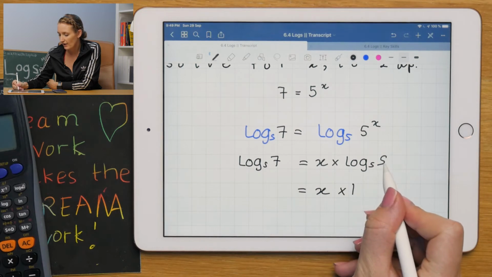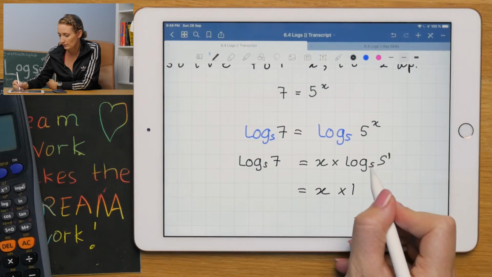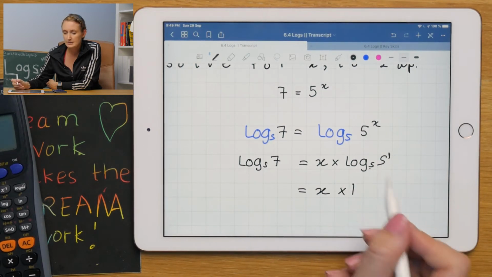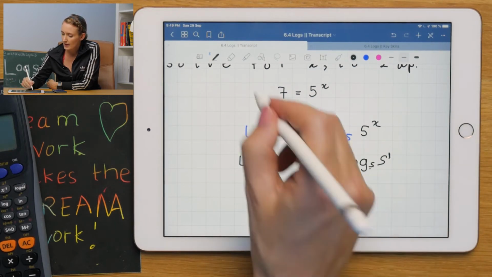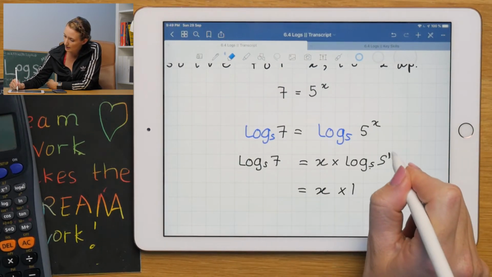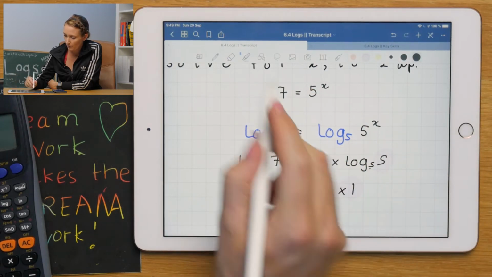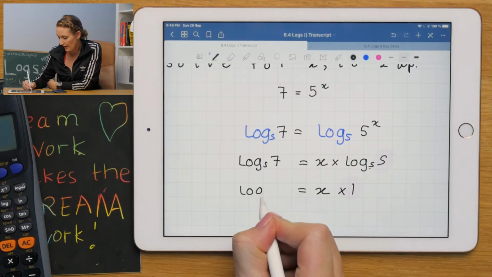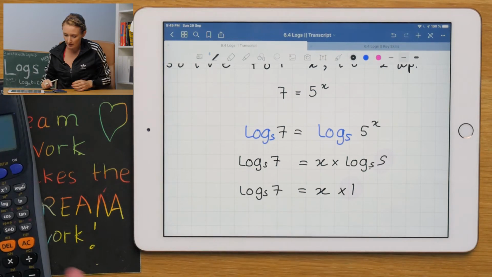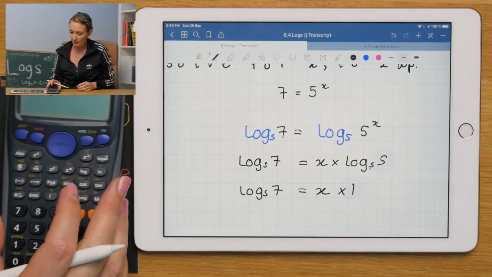Log 5 of 5 has to be 1 because 5 to the 1 is 5. This is a quick little hint: if your base and your number here are matching, it's always going to be 1. So x is equal to log base 5 of 7. Now you may wonder how you're going to type that into a calculator.